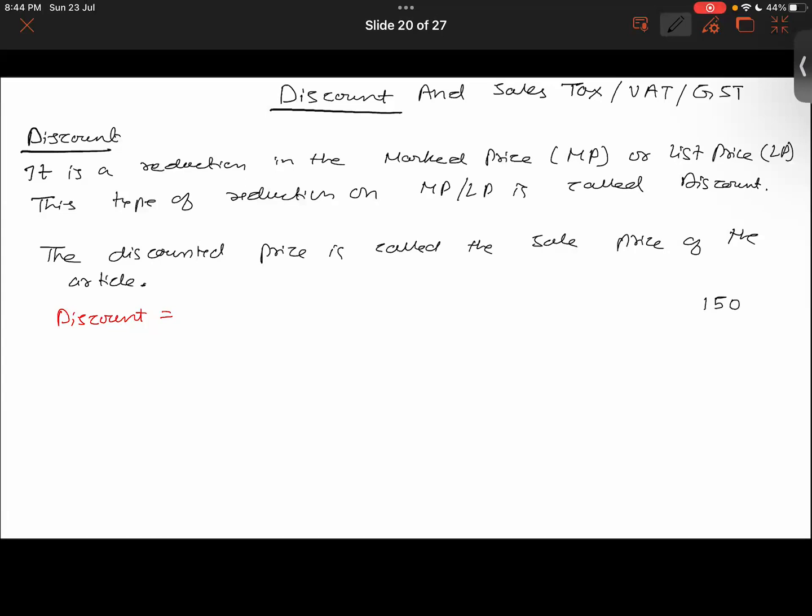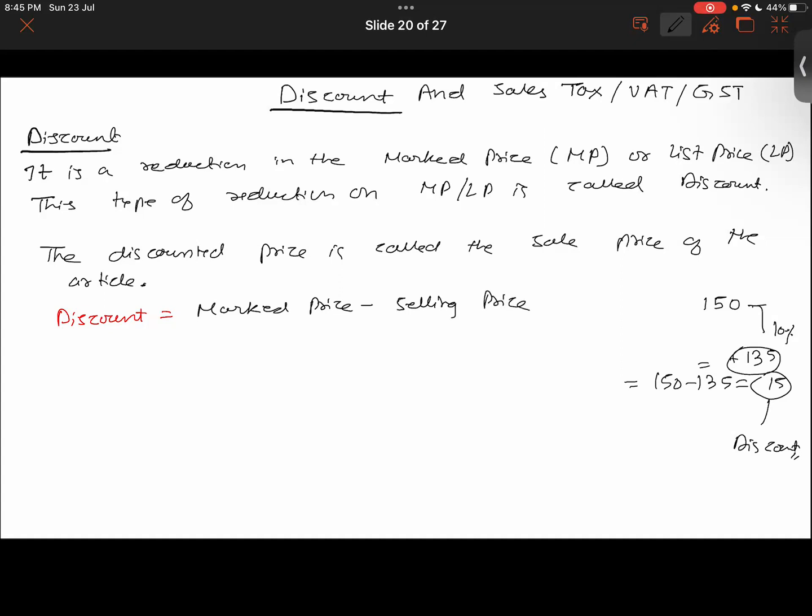So 10% discount means what? After 10% discount, its price is going to be 135, right? Yes, sir. So 150 minus 135, that is 15. So this 15 is the discount, isn't it, Ahmed and Arhan? Yeah. So basically you subtract sale price from the mark price. Mark price minus selling price. Okay, so that's how you calculate it.